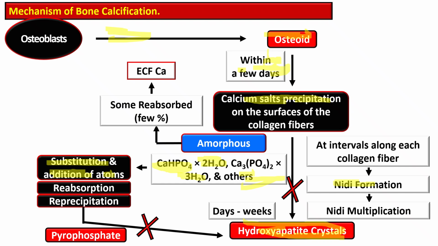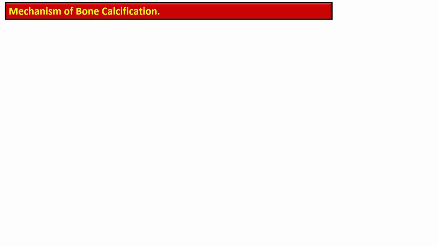So bone calcification is not immediate. It starts with soft, flexible deposits. Over time, the bone hardens as stable crystals form, and the balance between amorphous and crystalline calcium salt supports both the strength of the bone and mineral balance.